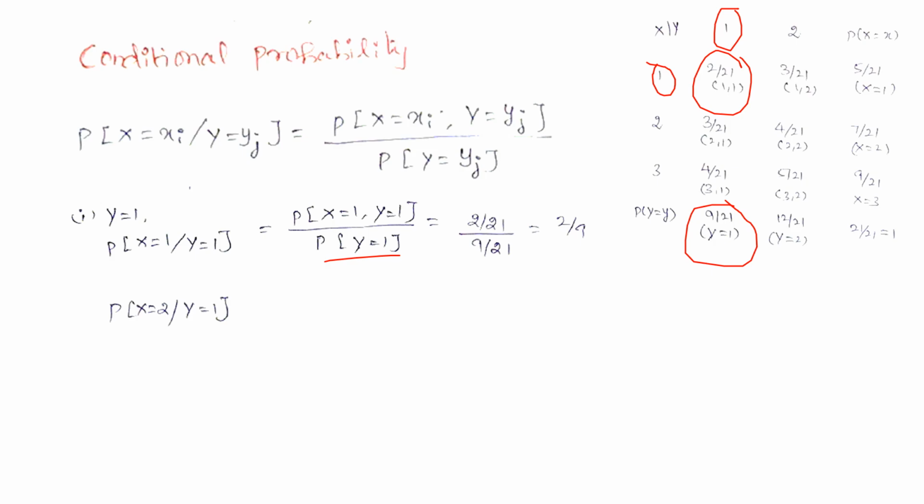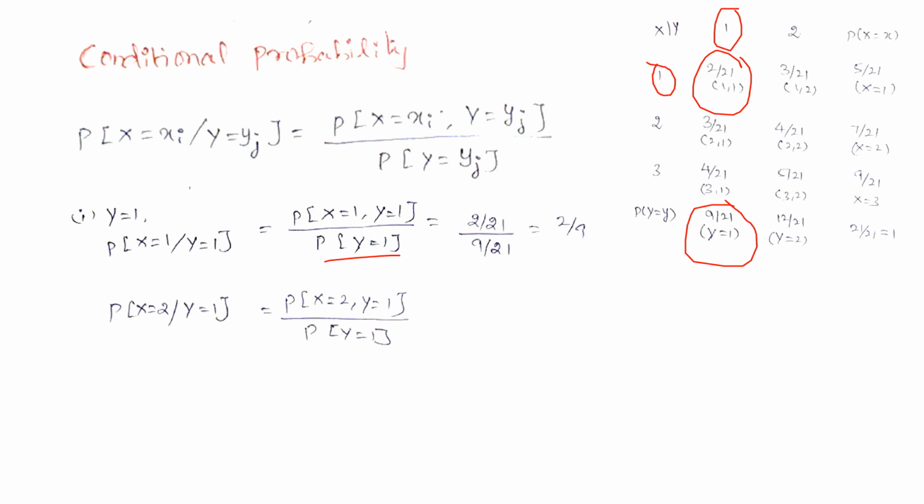Next I am going to find P of X equal to 2 given Y equal to 1. I keep the y value constant at 1 and change only the value of x, taking x equal to 2. By the formula, this is P of X equal to 2 and Y equal to 1, divided by P of Y equal to 1.